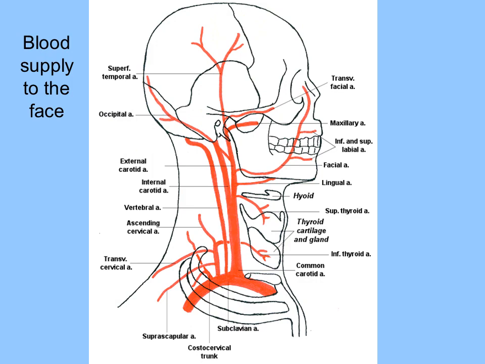Blood supply to the face comes mainly from the facial artery. The facial artery is a branch off of the external carotid. The facial branches off inferior labial and superior labial arteries, which go to the inferior and superior lip.